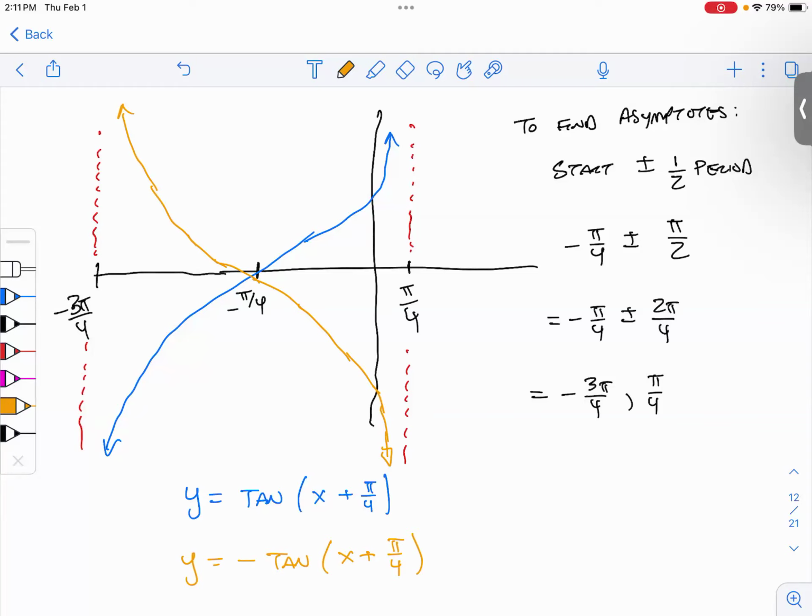And that gets what we're actually looking for. Again, this is the first period of tangent. This keeps going forever in both directions, but all we're ever really going to be looking for is the first period.